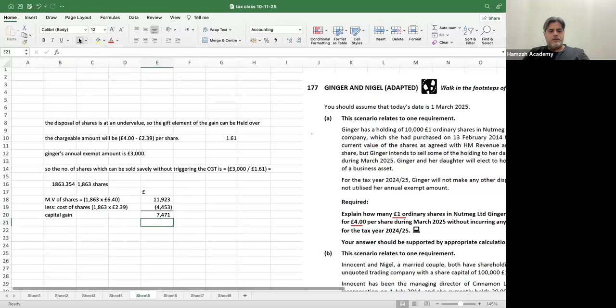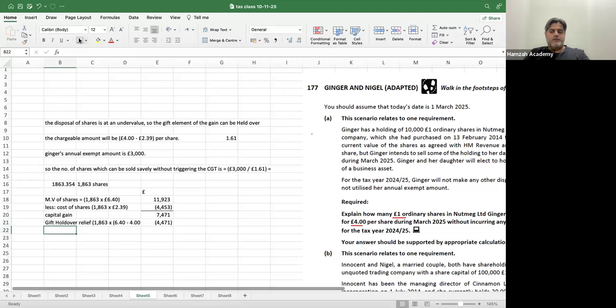So my capital gain over here is going to be 7,471, right? Now, the gift holdover relief, which I can do over here, is 1,863 multiplied by the market value of 6.4, whereas I am giving them for 4. So this is the amount which I'm not charging. So for this, I can do the gift holdover, right? So that is going to be 1,863 multiplied by 6.4 minus 4.